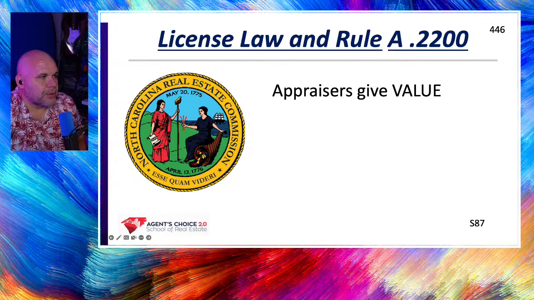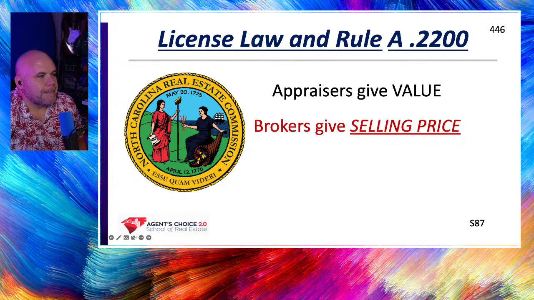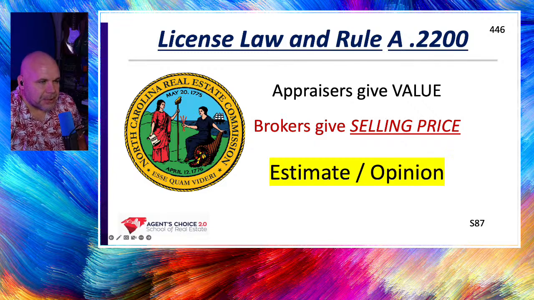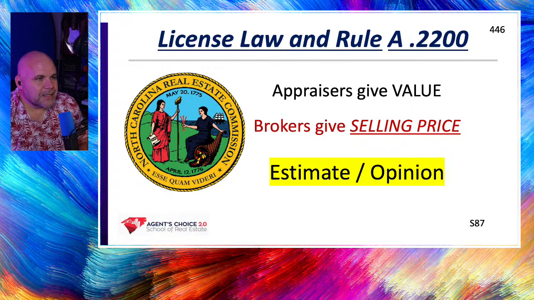Appraisers give value. Brokers report selling price, probable sales price. It's all an estimate. It's all just an opinion. Looks scientific, but it's really not. It's sort of halfway scientific. The thing that makes it less scientific is, what do I think a fireplace is worth versus what Margie thinks one is worth?